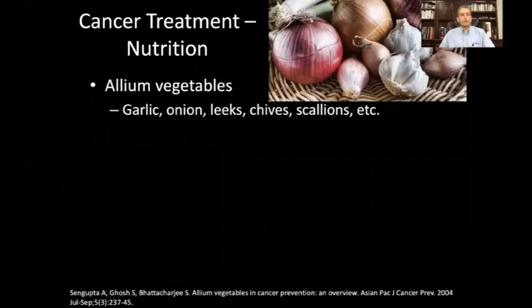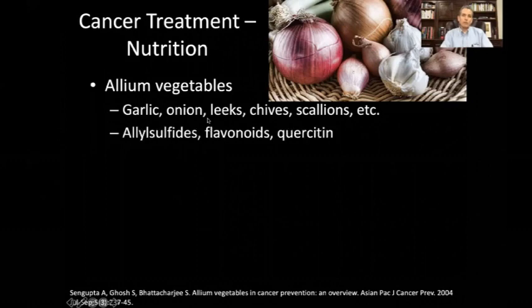In fact, in one study looking at 25 different vegetables associated with 9 different cancer lines, garlic was #1 out of all of those vegetables on 8 of the 9, and on the last one that it wasn't #1, it was #2, and leeks were #1 on that one. So allium rules from that standpoint.